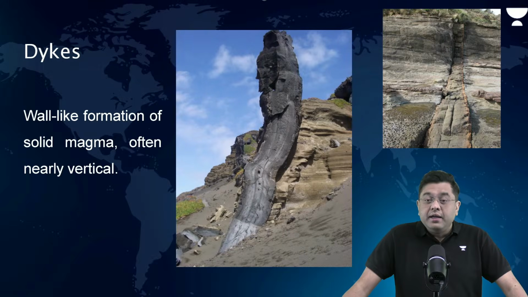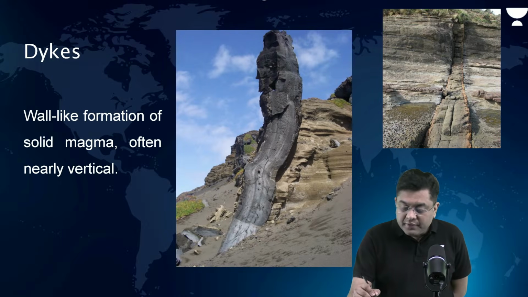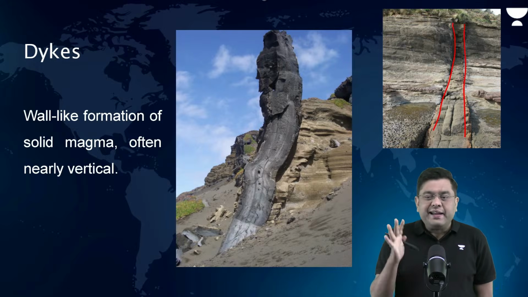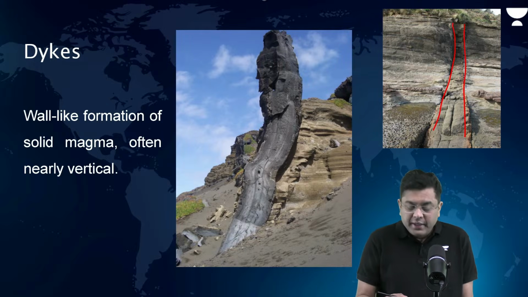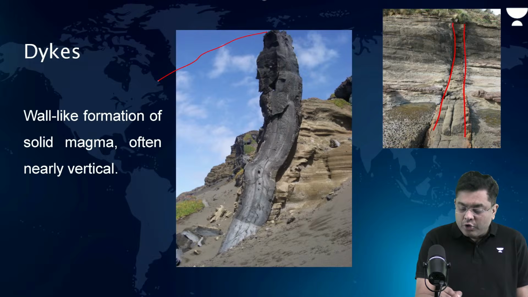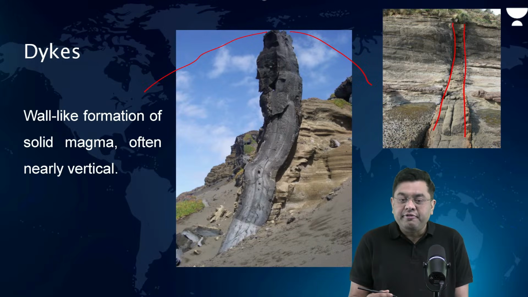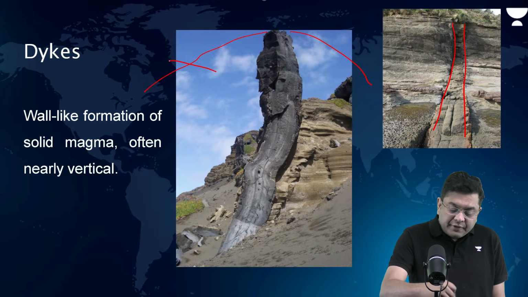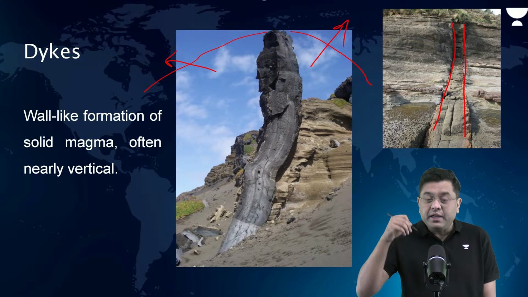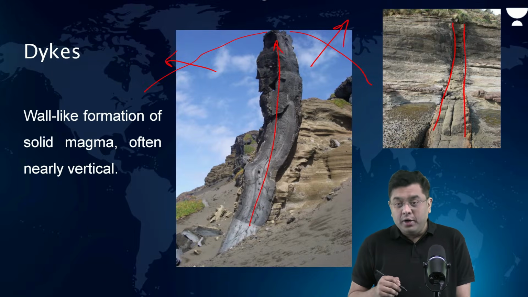Then, if solidification has happened in a vertical manner, observe this, vertical manner, and that has remained in the interior itself, those are known as dikes. At one point of time, imagine the rocks would have been present like this, they have been eroded, they have been weathered. Over a period of time, everything here has been removed, everything here has been removed, and now you have this almost vertical column.